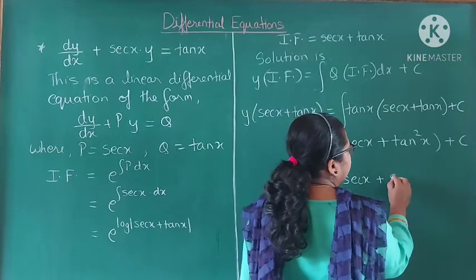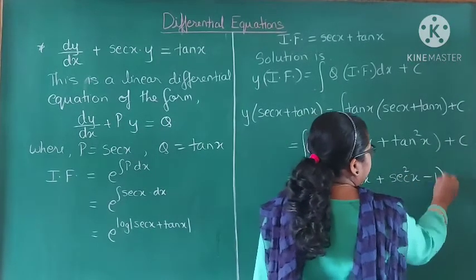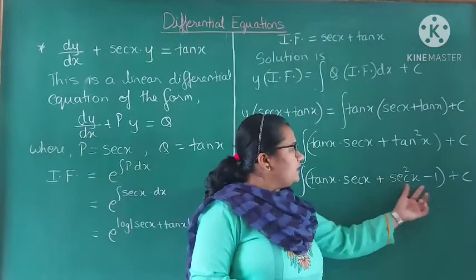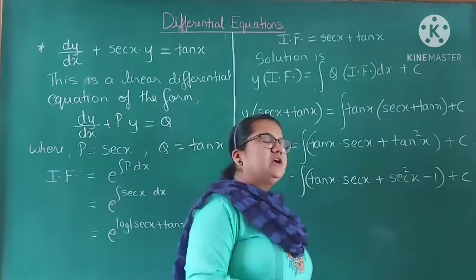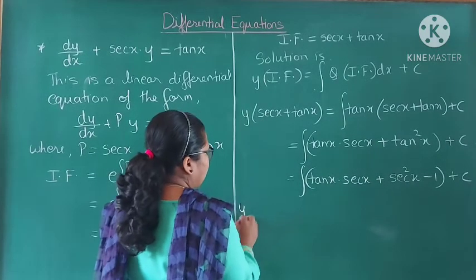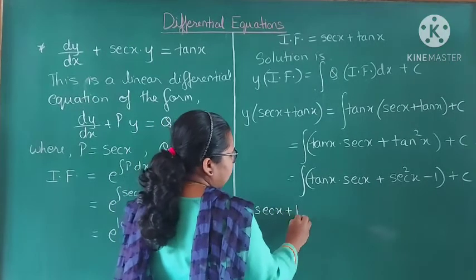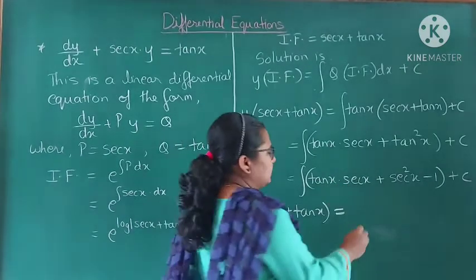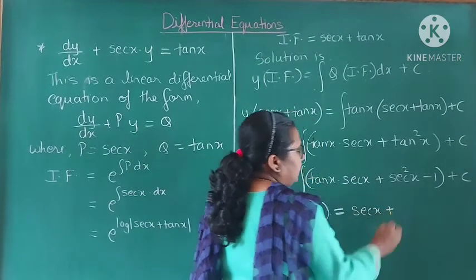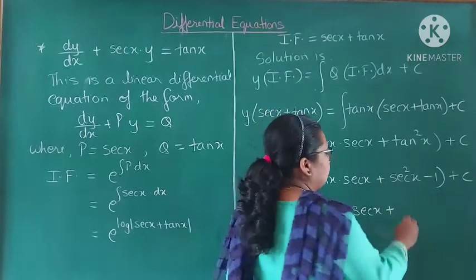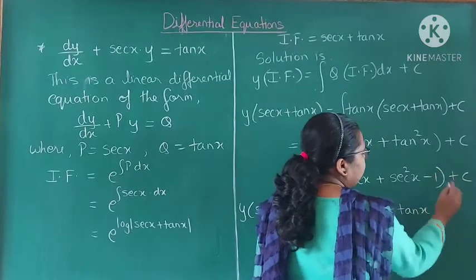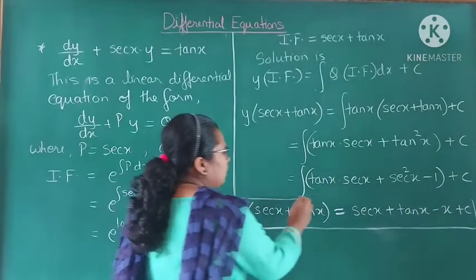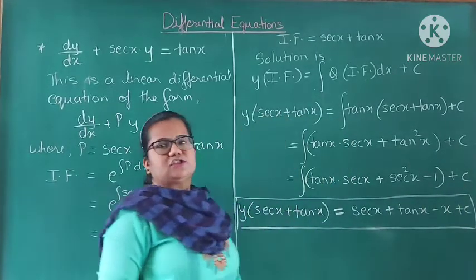So tan square x will be equal to sec square x minus 1, plus the integration of sec square x is tan x and the integration of 1 is x. So minus x plus c. So this becomes your general solution for the given linear differential equation.